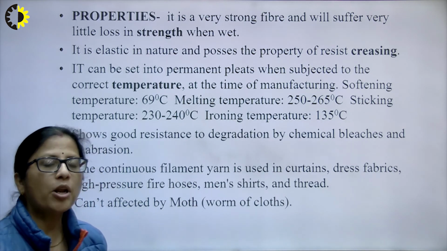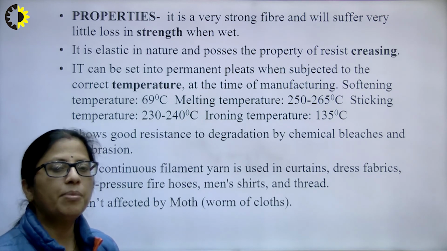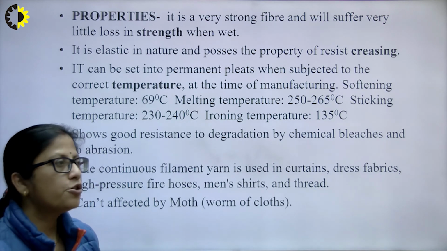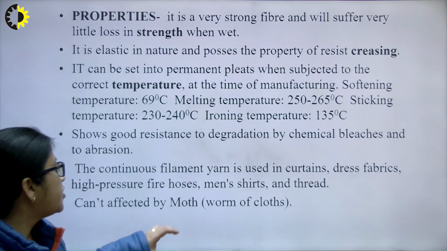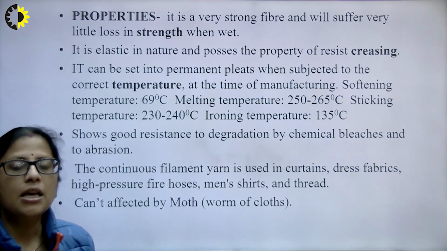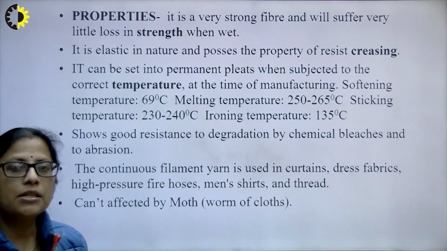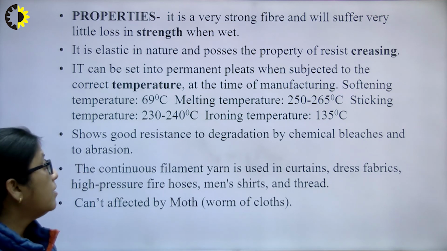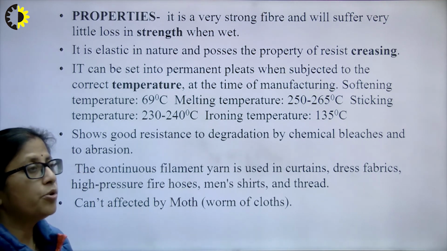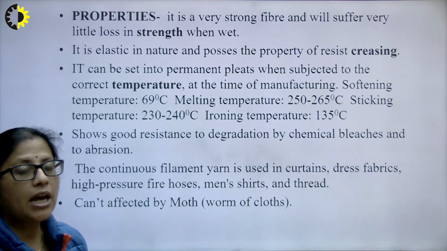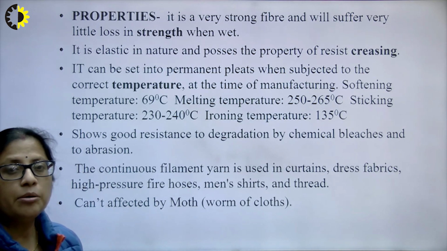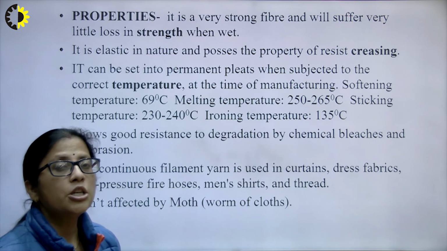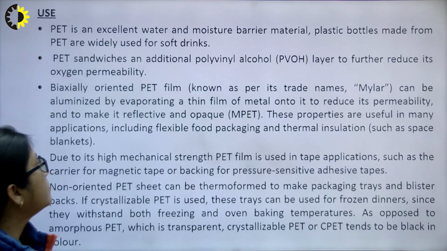Now, this polyester material is not affected by moths, which are a worry for clothes. So it is also blended with other materials, especially wool, so that the wool does not get attacked by the moth and becomes shrink resistant.